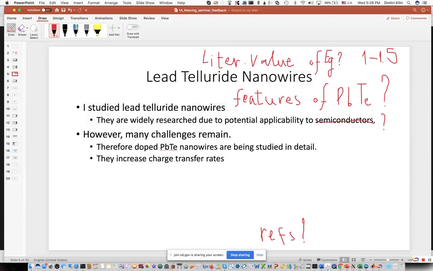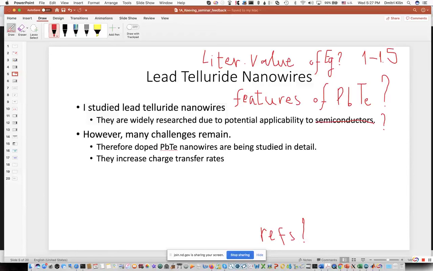All right. So lead telluride nanowires by themselves have negligible charge transfer rates. So by themselves, they're very inapplicable in a lot of semiconductor applications.